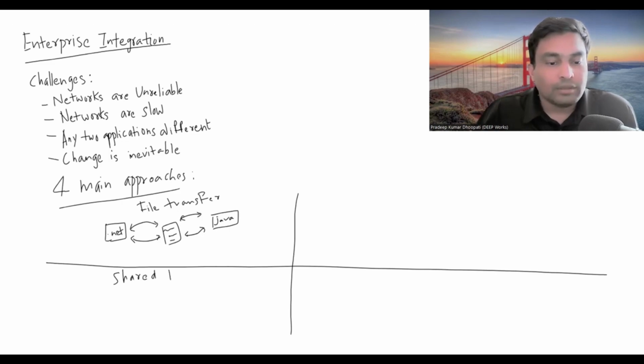In this approach, the two applications will have a shared physical database, and one application will write the data to the database and the other application will read the data from the database and vice versa.